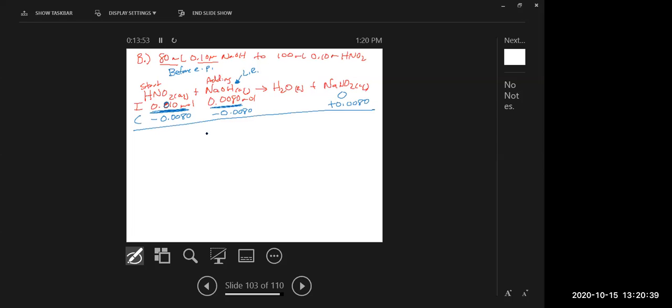That means when we reach equilibrium, I will have 0.01 minus 0.008, 0.002 moles, nothing of the sodium hydroxide as it's the limiting reagent, and 0.008 moles here. Any questions on this ice table?